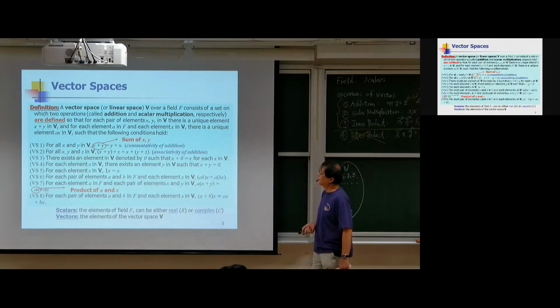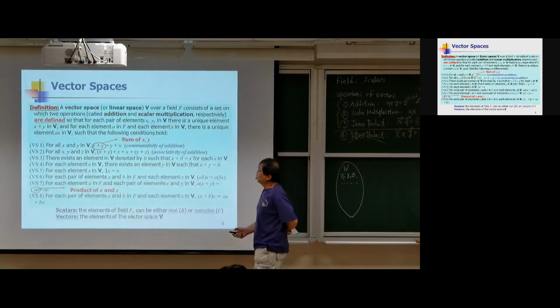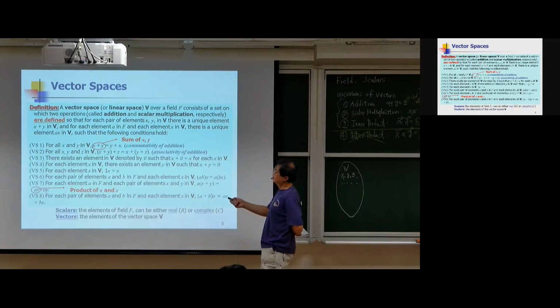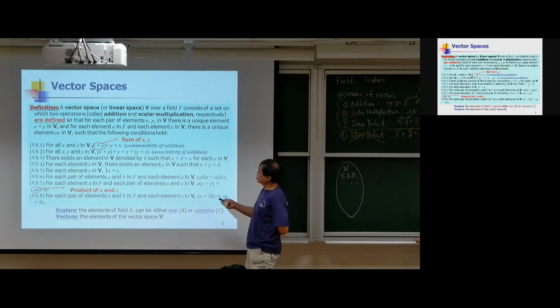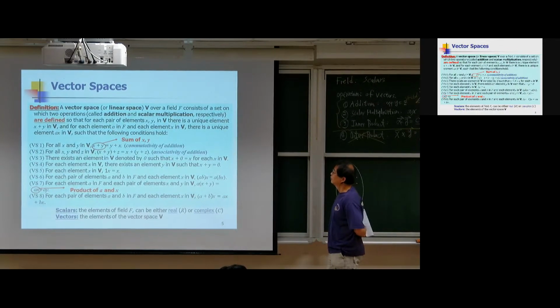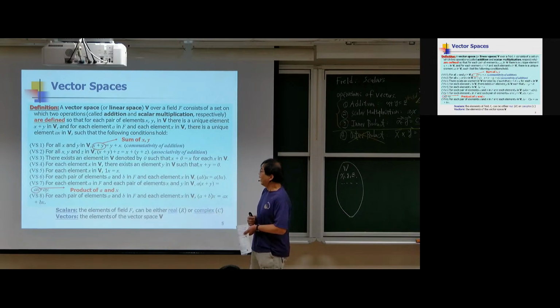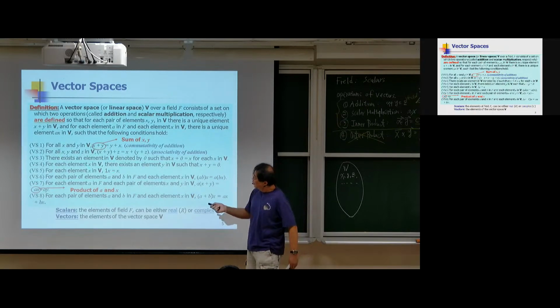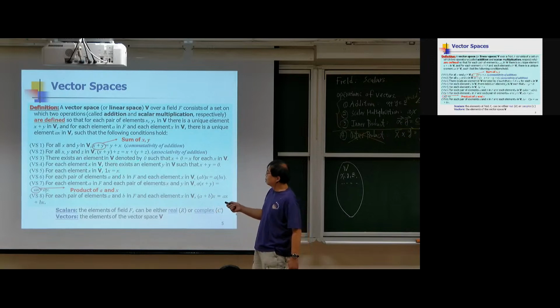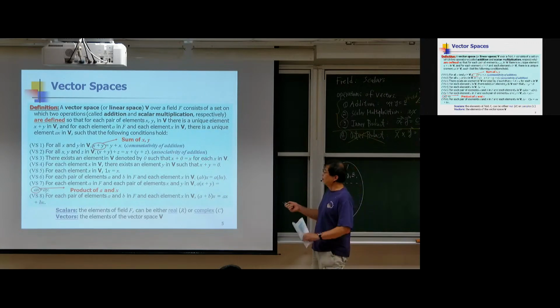Then we have VS2, the associativity law of addition, where X plus Y first, plus Z, equals X plus Y plus Z first. And then VS3 defines the identity element of addition: there exists an element in V denoted by 0 such that the addition of 0 and any vector equals the vector itself.